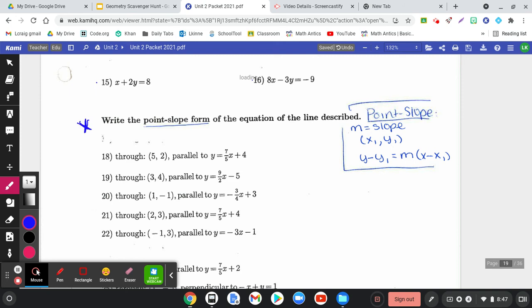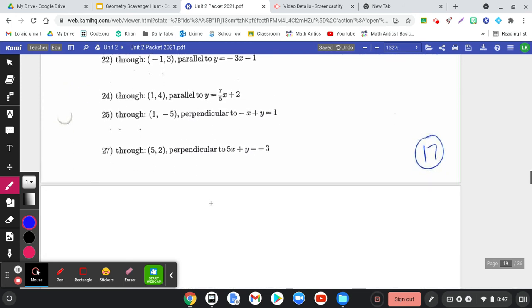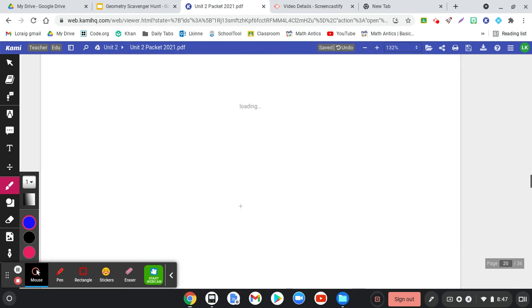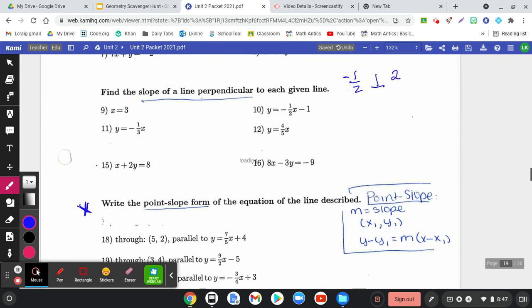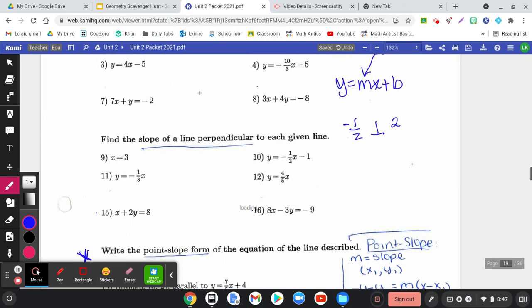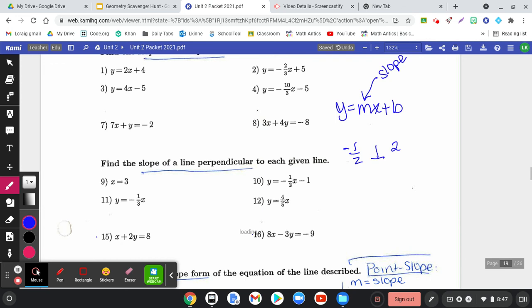So you're just doing numbers 1 through 16 on that page. And I believe page 17, but we'll talk about that in class tomorrow. So start with 1 through 16, just finding the slope of a parallel line and a perpendicular line, and then we'll go from there. Let me know if you have questions or stop by the math lab.